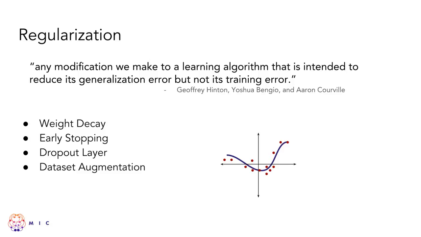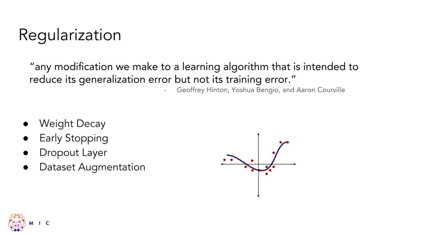Okay, finally, regularization. Regularization seeks to solve the problem of overfitting. Regularization addresses overfitting specifically. A definition of regularization that I like is this one: any modification that we make to a learning algorithm that is intended to reduce its generalization error, but not its training error.